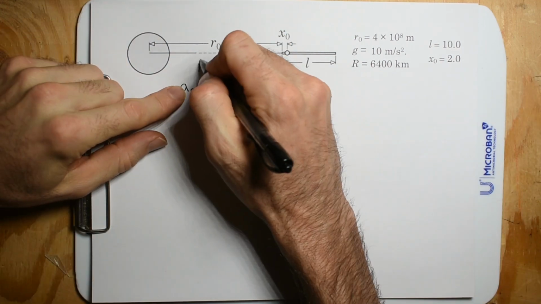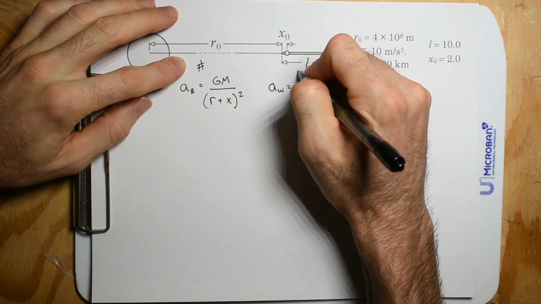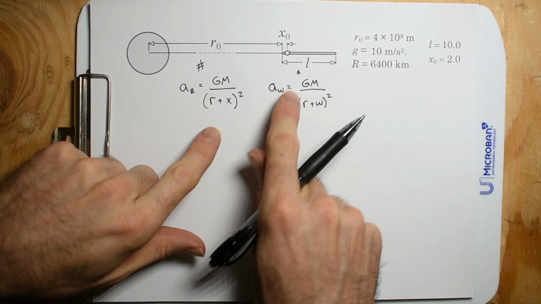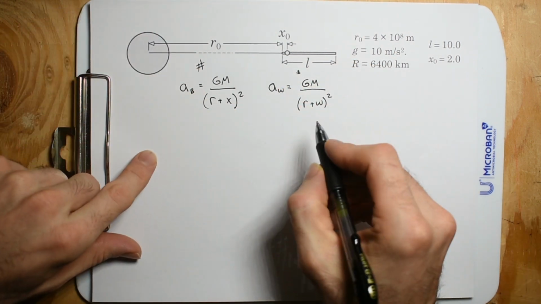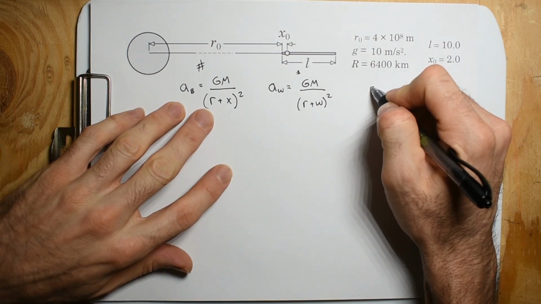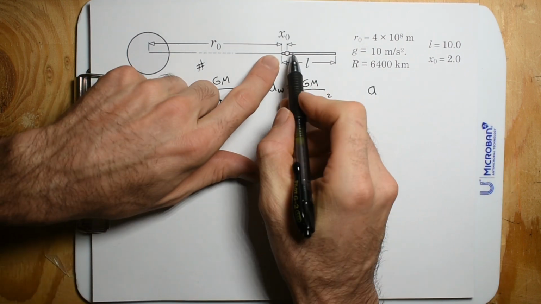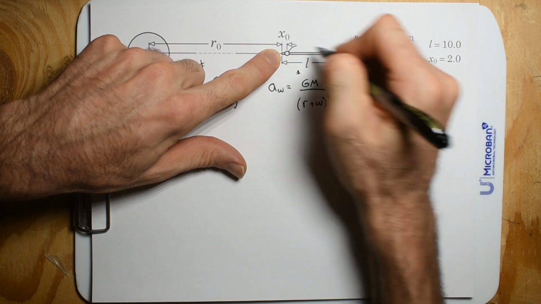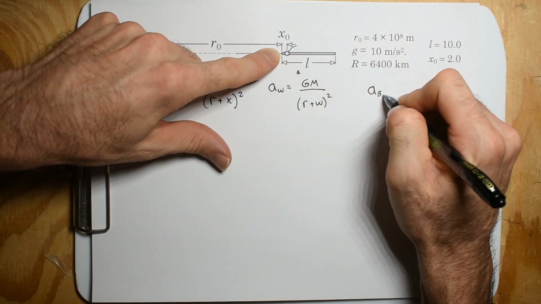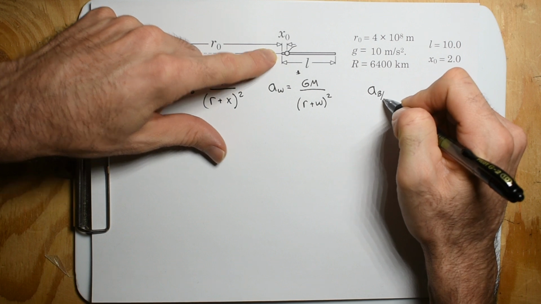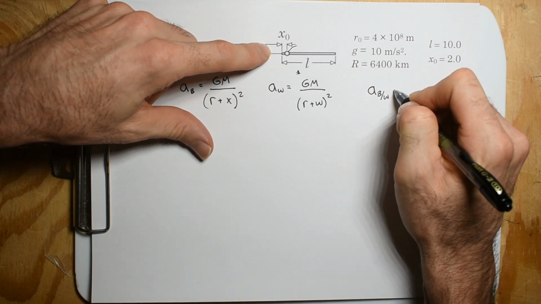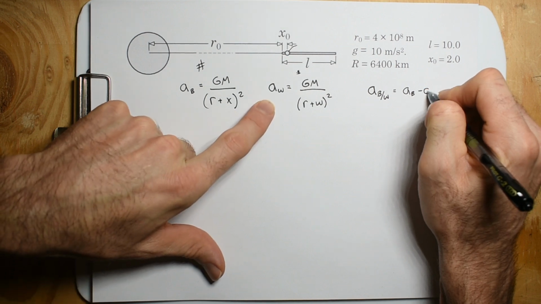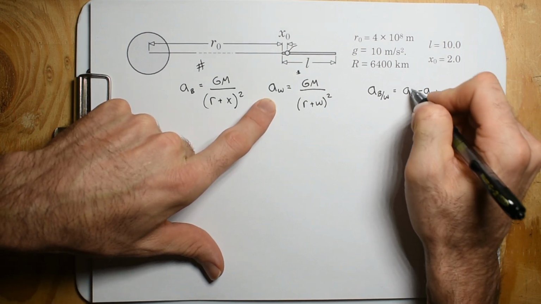This is going to be the larger acceleration. This is going to be the smaller acceleration. And so what we want is the difference between these. So our equation is going to be, hey, the acceleration of, and we can get kind of technical, we can say the acceleration of the bead relative to the rod is going to be the acceleration of the bead minus the acceleration of the rod.